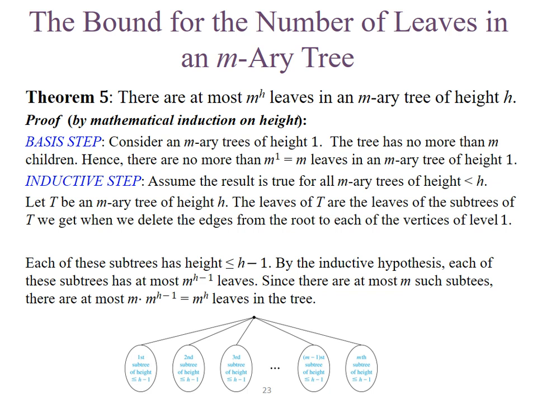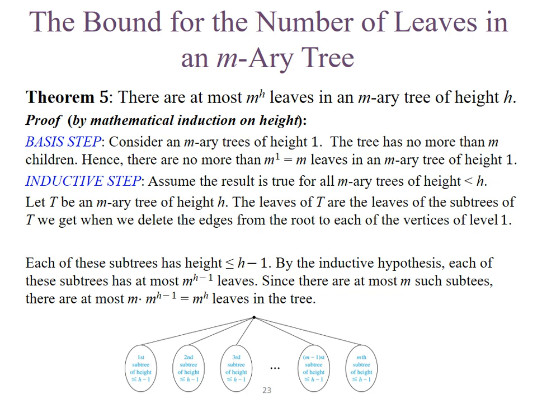If we consider the m-ary tree of height 1, then height 1 means we have the root, and then we have at most m children.